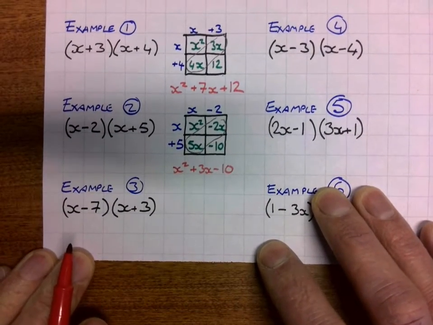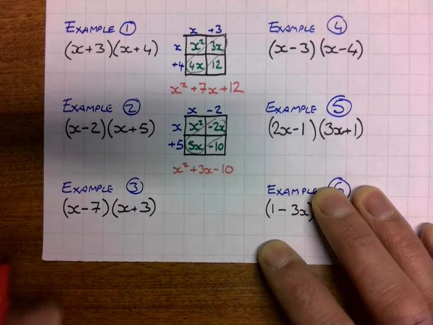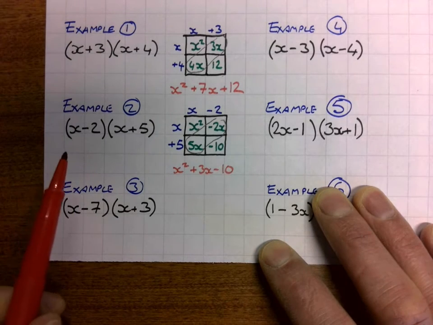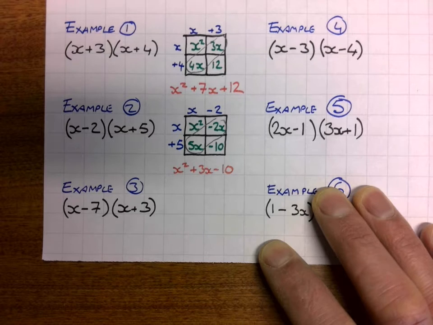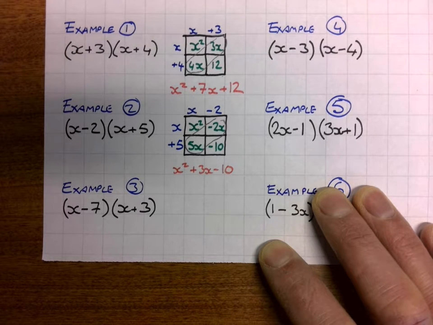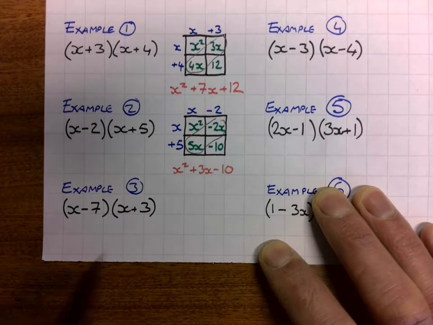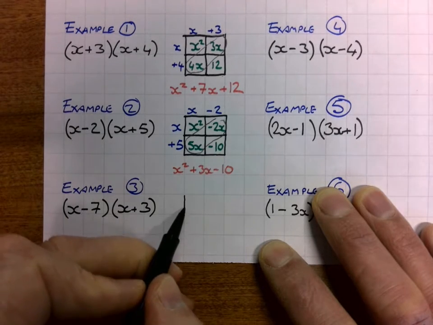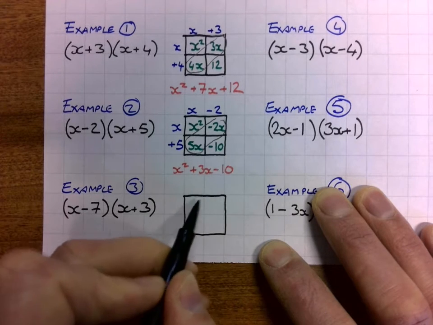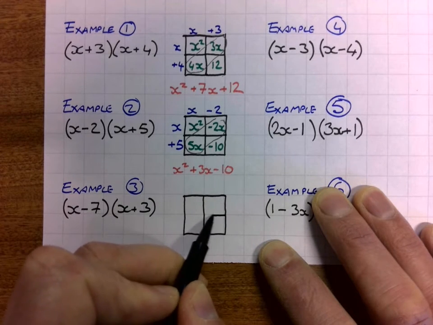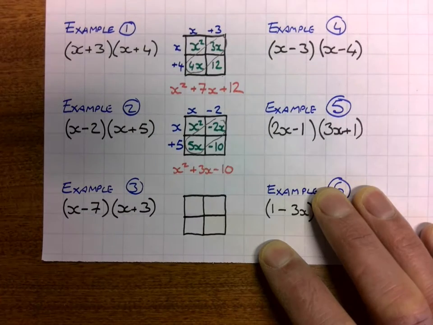So example 3, what's changed in example 3? Not a whole lot. I've still got one negative and one positive, but you'll see what's going on here. We've got slightly more negatives than positives, so we're going to end up with some negative x's. So we draw our boxes, nice big boxes so that everything fits in.